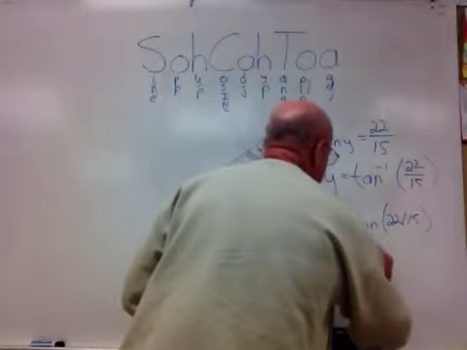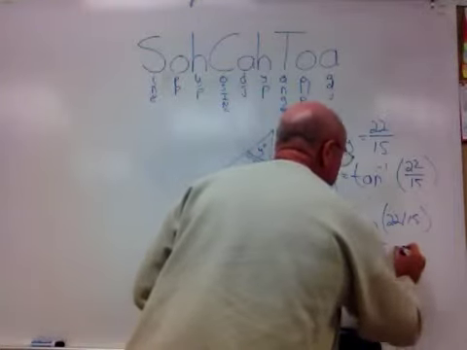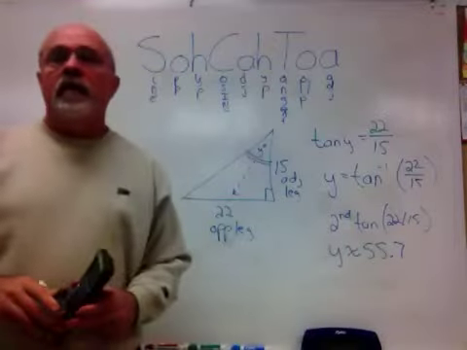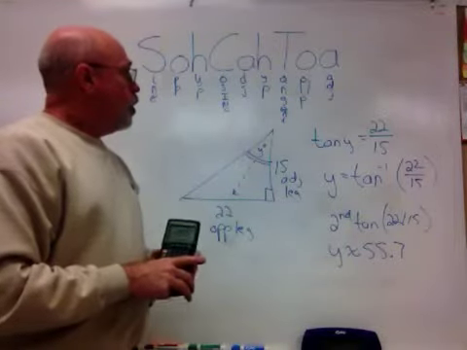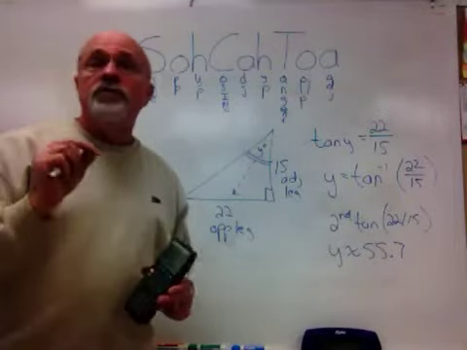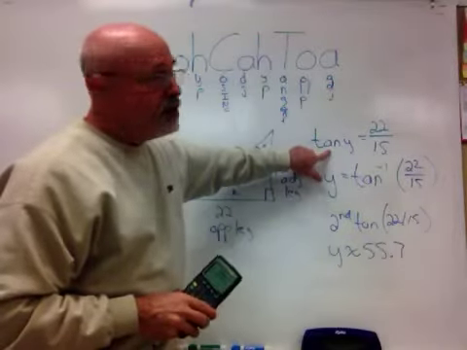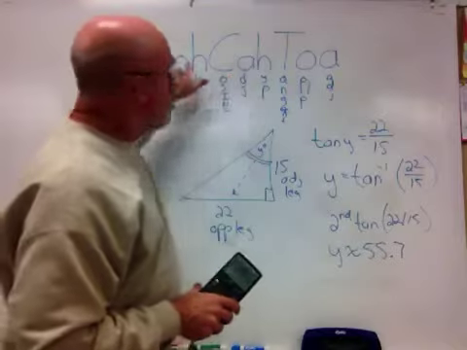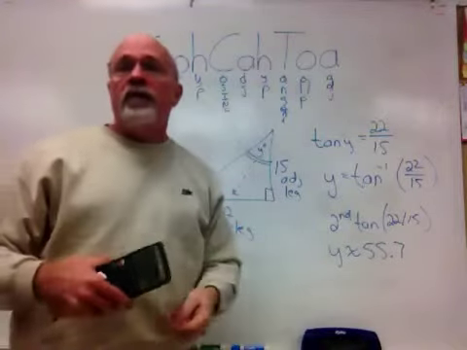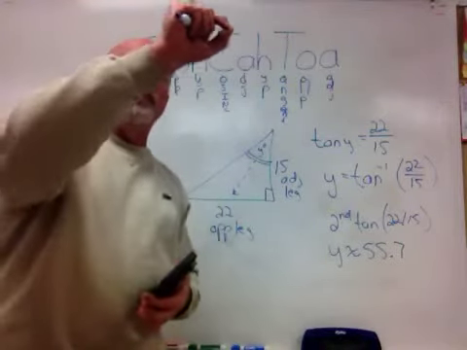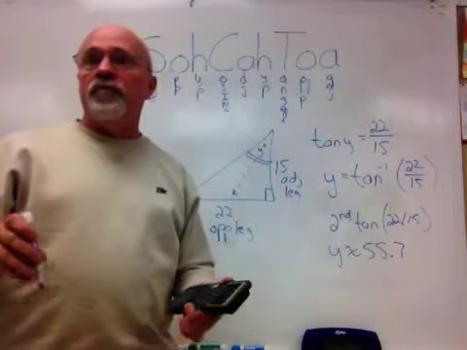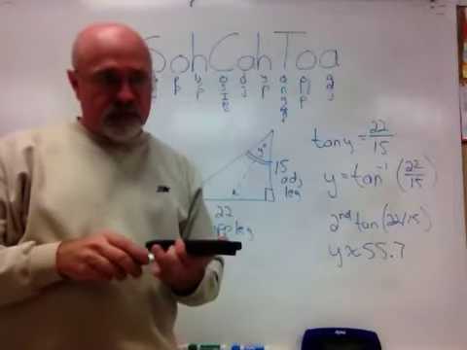So y is approximately 55.7. If you want to know the angle, you use the inverse function. It might be inverse tangent, if originally it was tangent, but it could also be inverse cosine or inverse sine. Okay, you should now, between this video and the one before it, know enough to do all the problems in section 7.4.